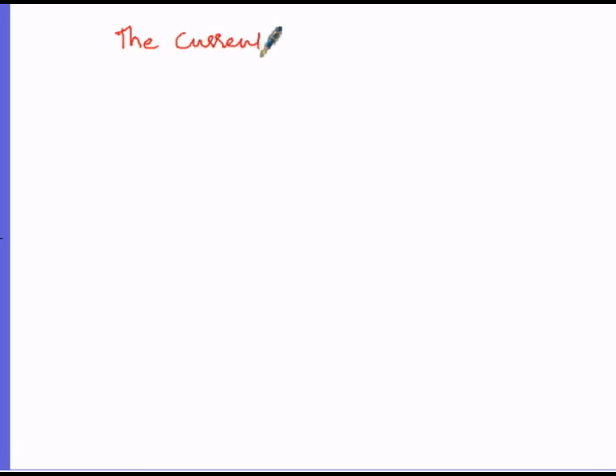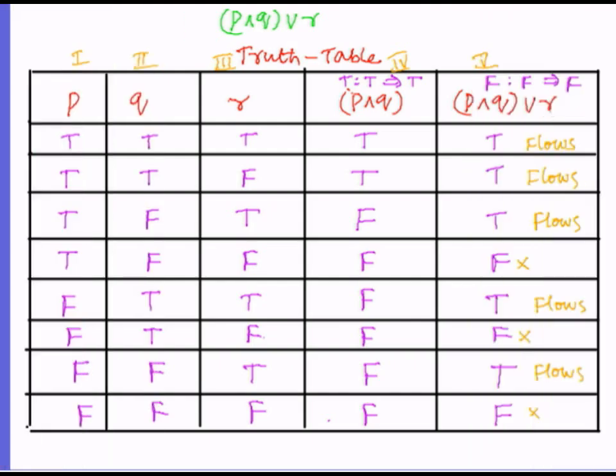So in this manner the next logical step will be: the current flows from terminals A to B. In the first case the current is flowing when all the 3 switches are closed, because the truth values are true.